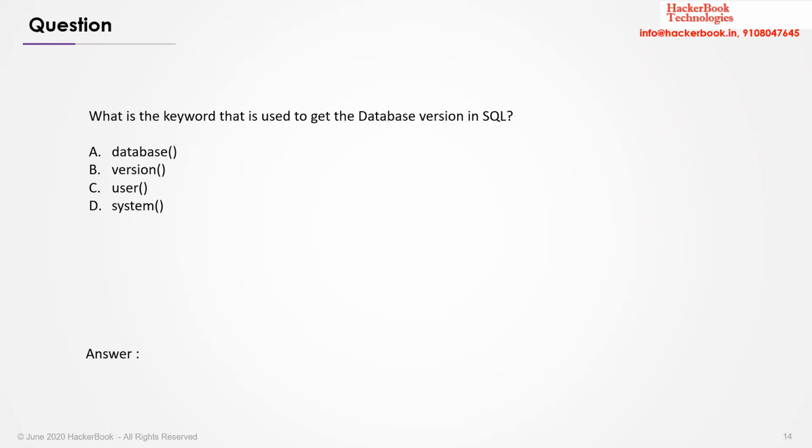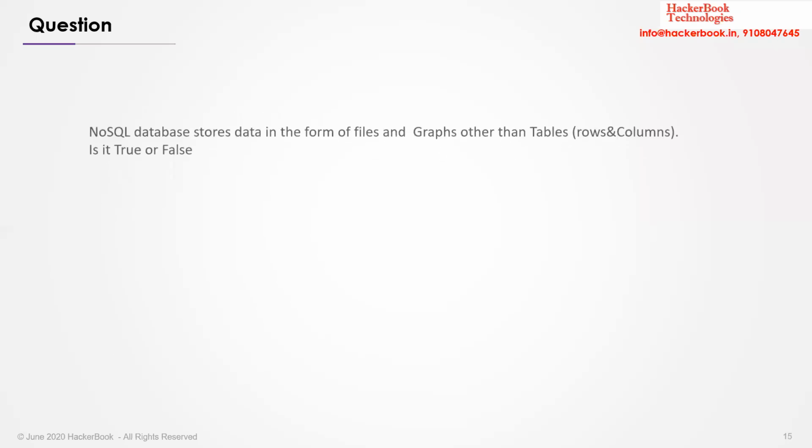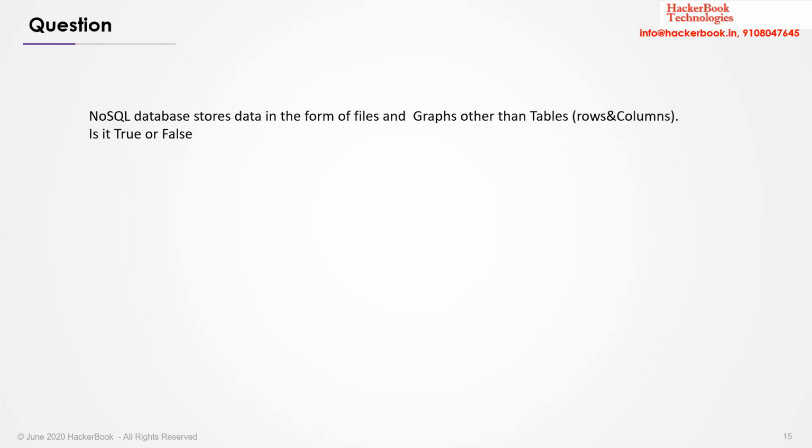Version or database? For database name, we use database of bracket. If you want to get the version, we use version of bracket. Okay. Leave this question, you'll not be able to understand.